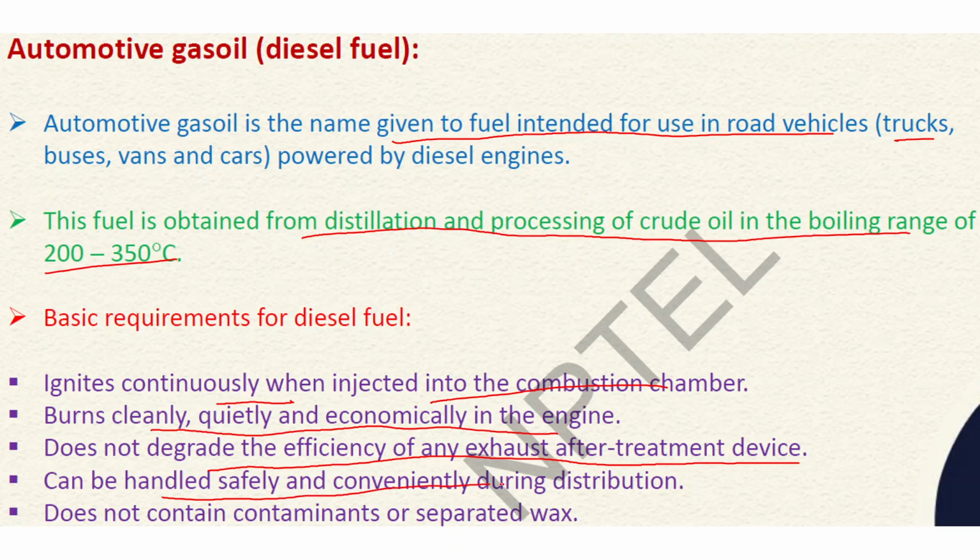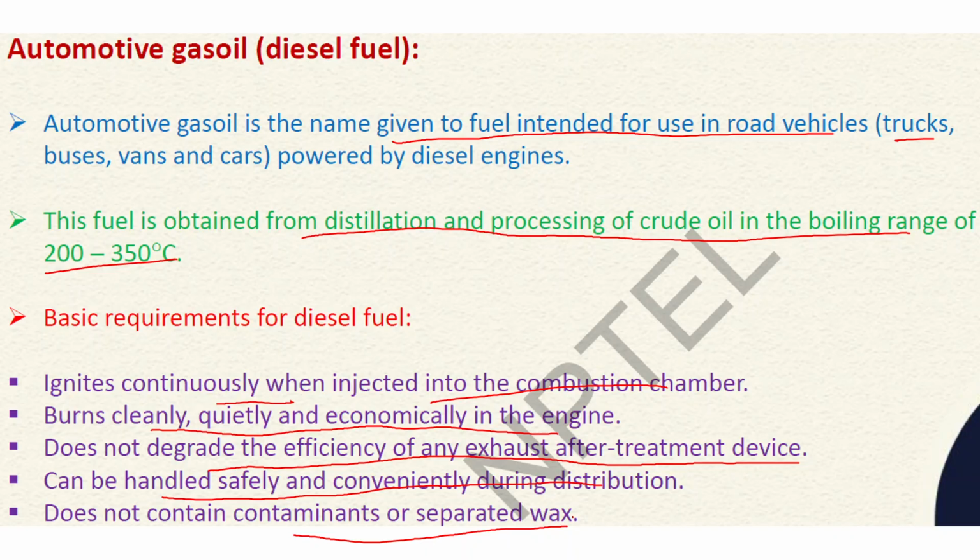It can be handled safely and conveniently during distribution, and does not contain contaminants or separated wax. As I told, the diesel fuel should have a high cetane number, and for a high cetane number, it should have long chain paraffins. The presence of long chain paraffins gives a better cetane number to a diesel fuel.